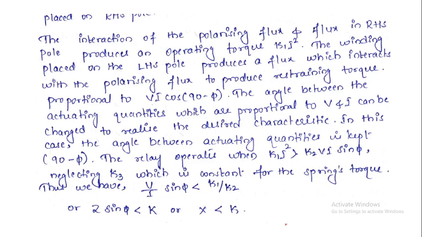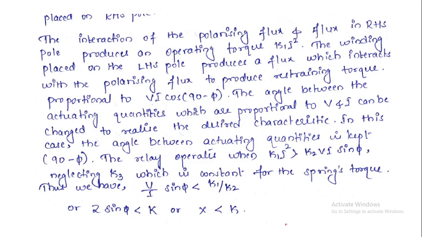The relay operates when K1 I square is greater than K2 VI sin phi. Okay, so this is the basic principle we consider for the relay operation. As and when the operating torque is greater than the restraining torque, the relay is going to operate. So here also, when the operating torque K1 I square becomes greater than the restraining torque K2 VI sin phi, the relay is going to operate.